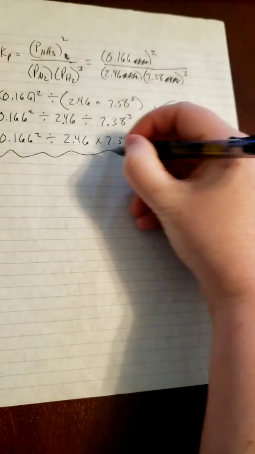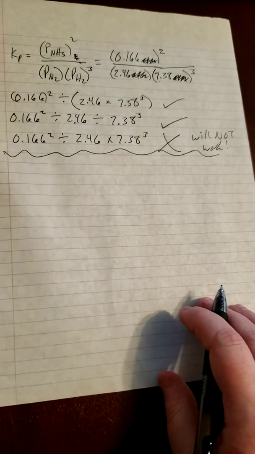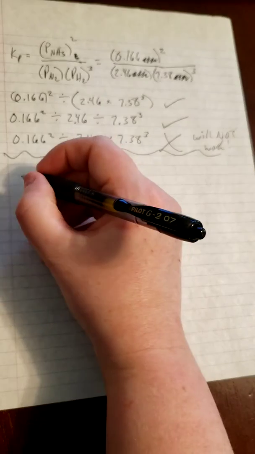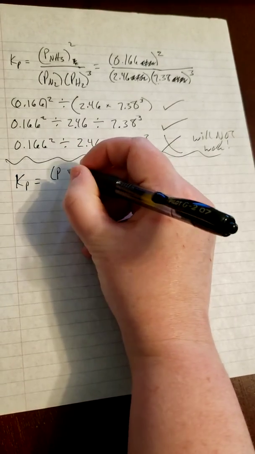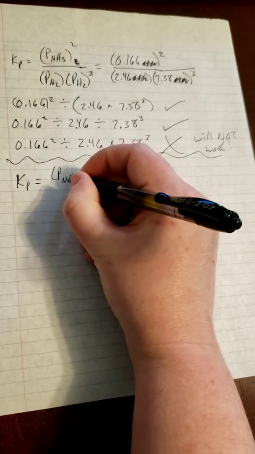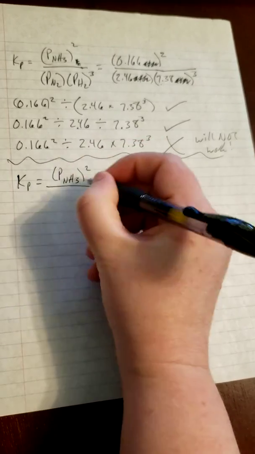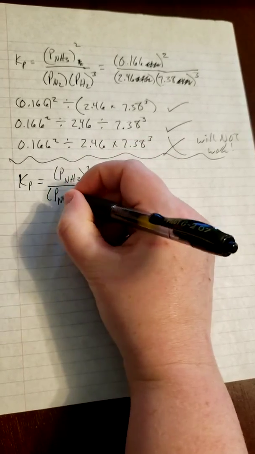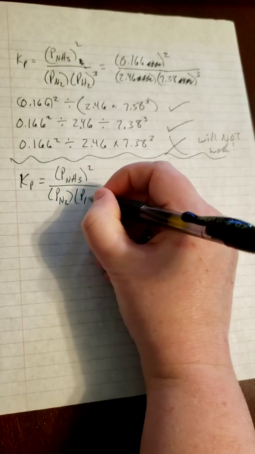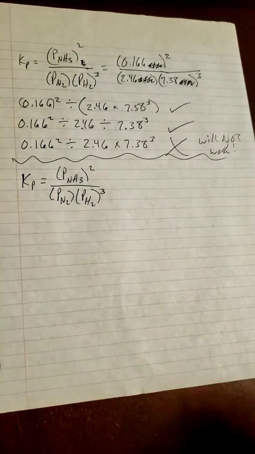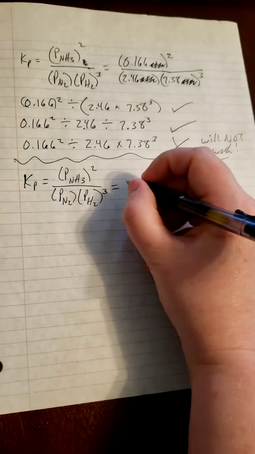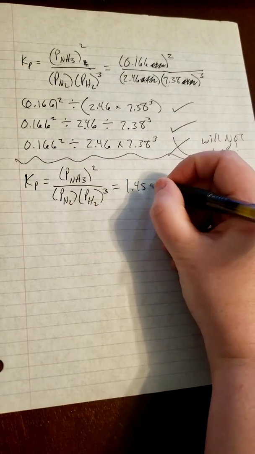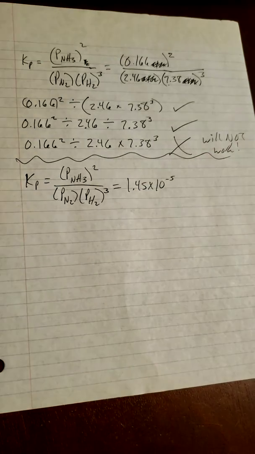Now let's look at this. Let's write the same Kp expression again. Kp is equal to the partial pressure of ammonia squared, divided by the partial pressure of nitrogen, divided by the partial pressure of hydrogen cubed. Now, we know that this is equal to 1.45 times 10 to the negative fifth.